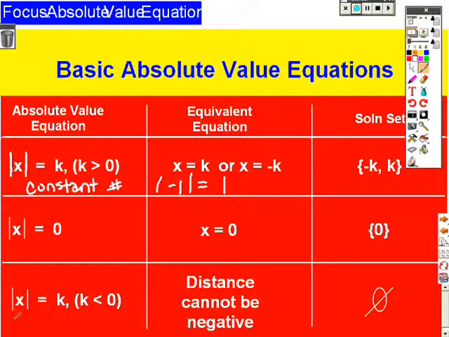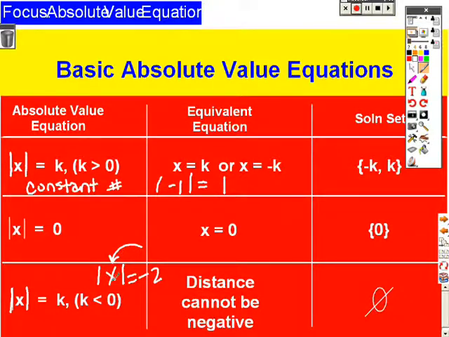Finally, in the third generalization or formula that we have up here, we have the absolute value of x equals k, another constant number, but this time k is less than 0. So an example of that might be absolute value of x equals negative 2. Remember I told you every time you put something in the absolute value, it pops out a positive number.